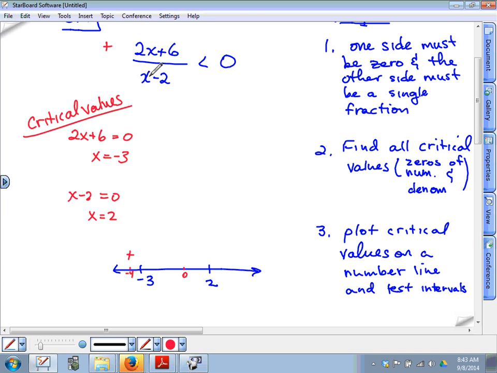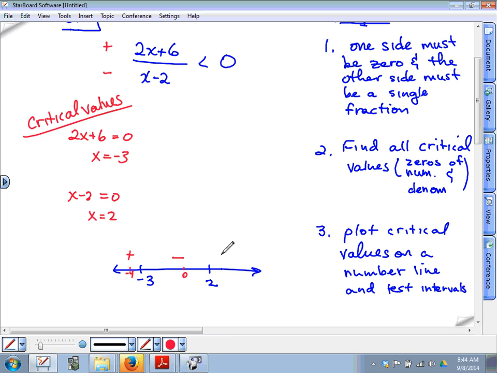Yep. 0 minus 2, however, is -2, and a positive divided by a negative is a negative. So if you plugged in a 0, it resulted in a negative number. That ensures, and you need to believe this, any number in that interval from -3 to 2, any number plugged into there will result in a negative value. Okay, that's why we only have to test one number.